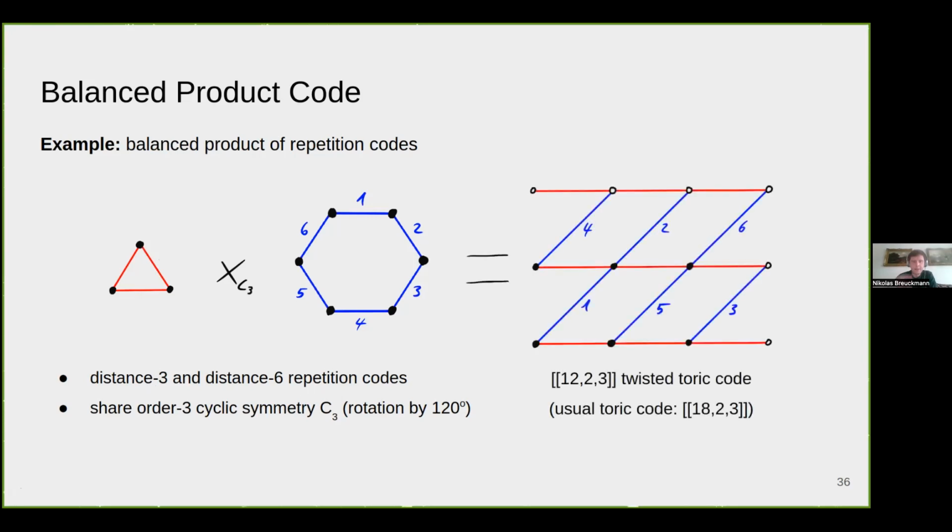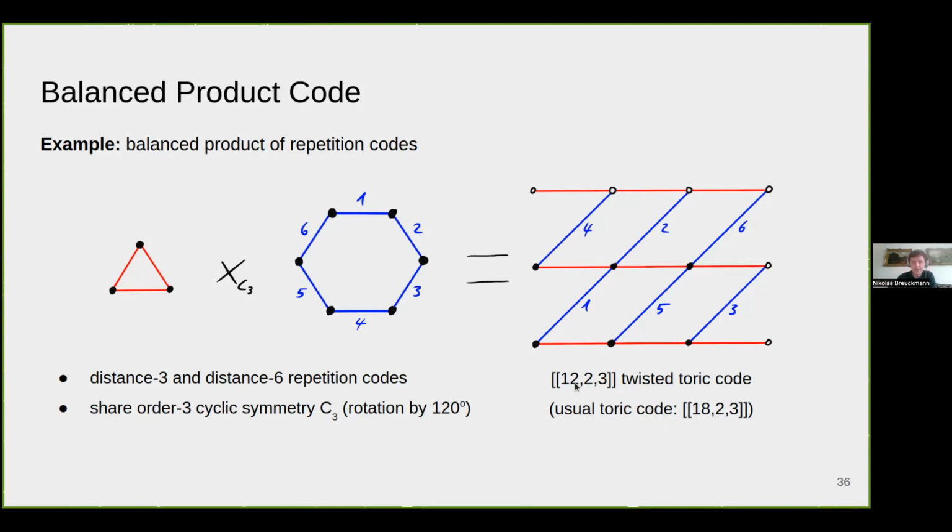By taking the Cartesian product and then factoring out this rotation, I obtain this twisted toric code. Again, opposite sides are identified here, and this is topologically a torus, which also locally looks like the normal toric code. But there's a skewing in the tessellation, and you can already see that this gives us slightly improved parameters.